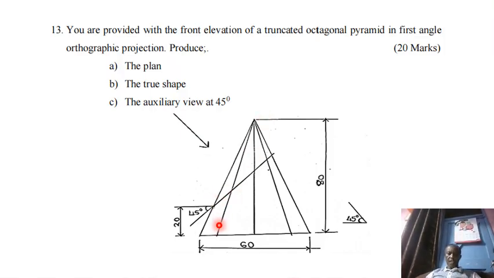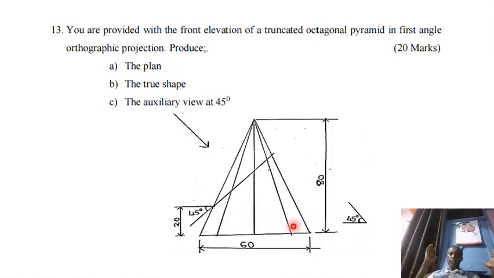So this other line will be controlled. The positioning of those lines is going to be determined by the plan. So just draw a triangle involving this 60, that 80, and then drop this and drop that.